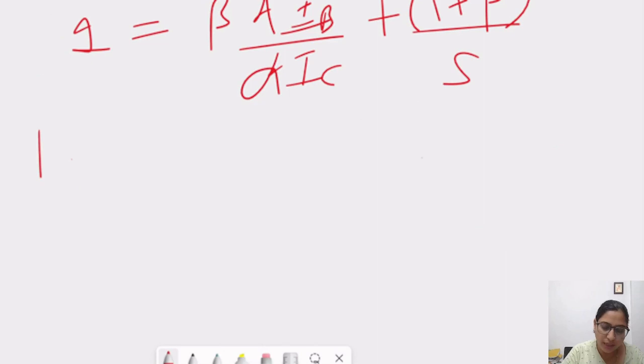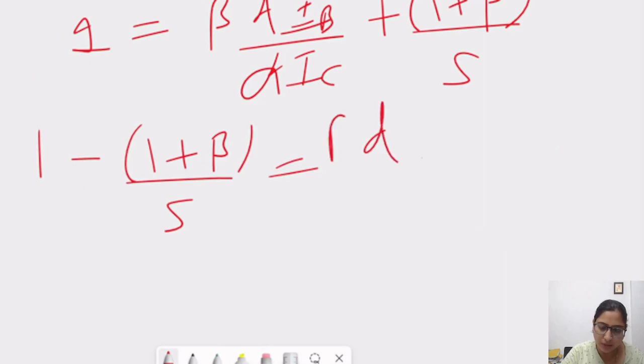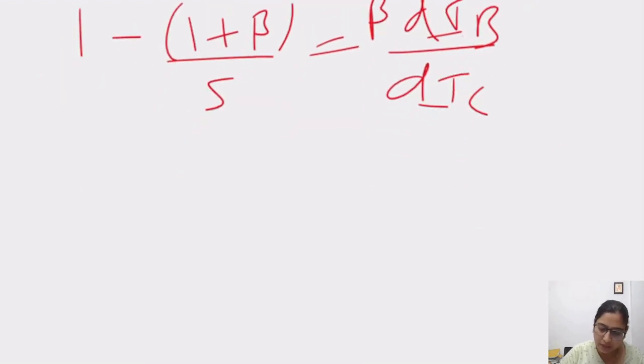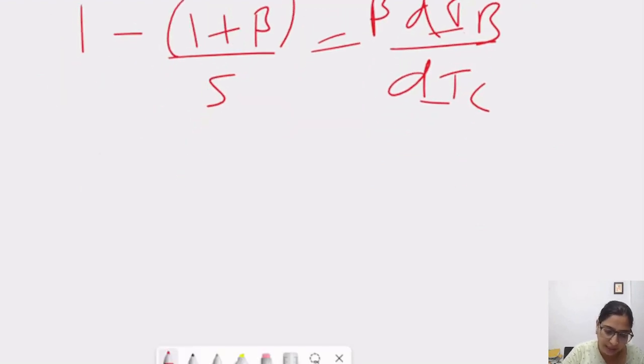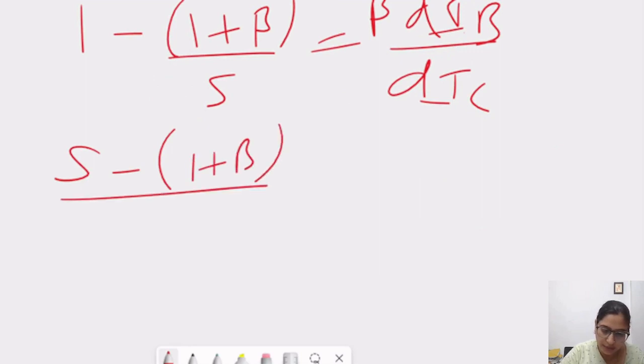So this is 1 minus (1 plus beta) upon S on one side, and on the other side it is beta dIB upon dIC. If we take the LCM here, the expression becomes (S minus (1 plus beta)) upon S, which equals beta dIB over dIC.